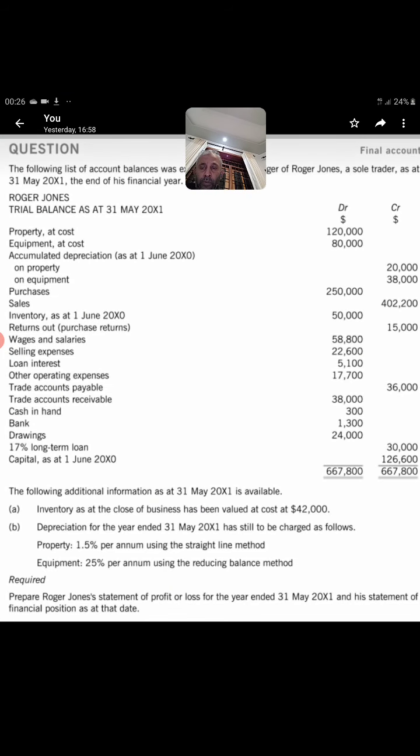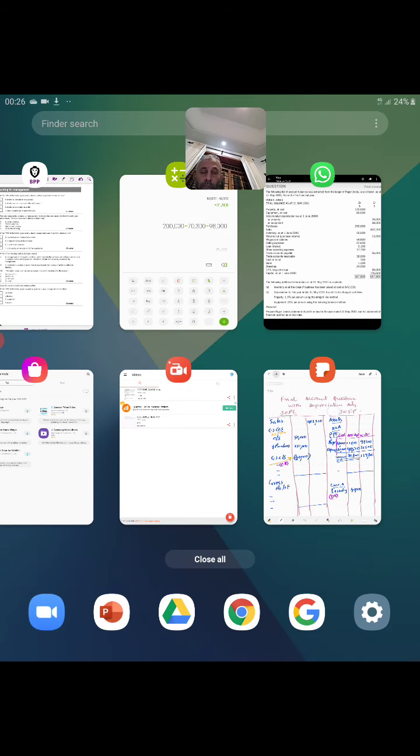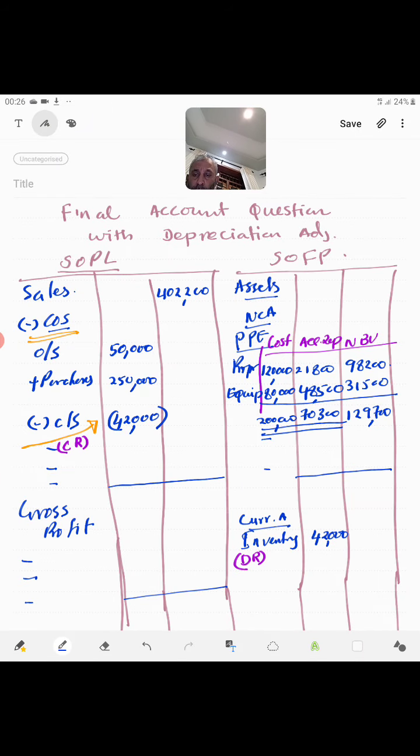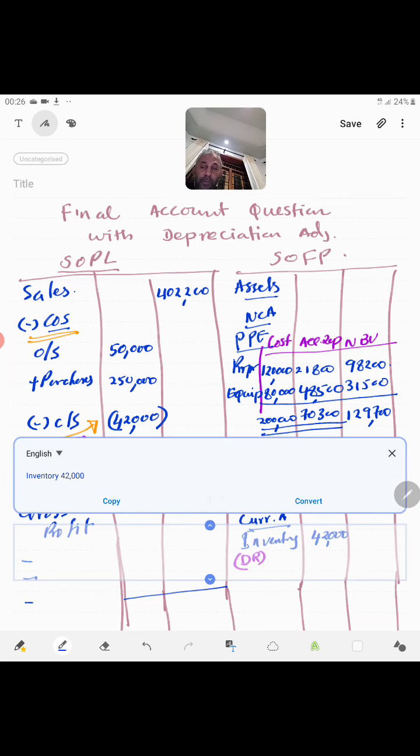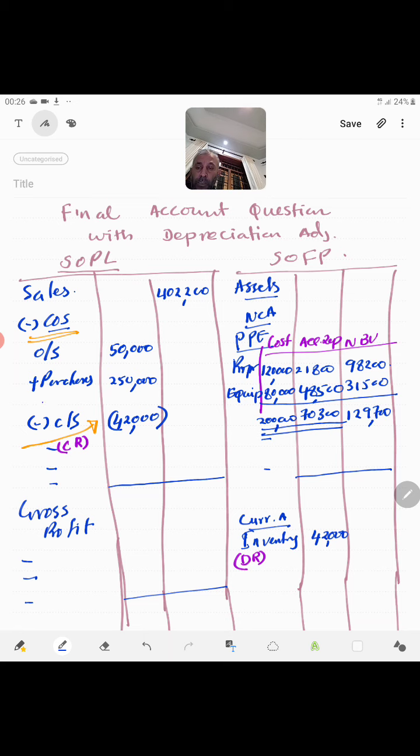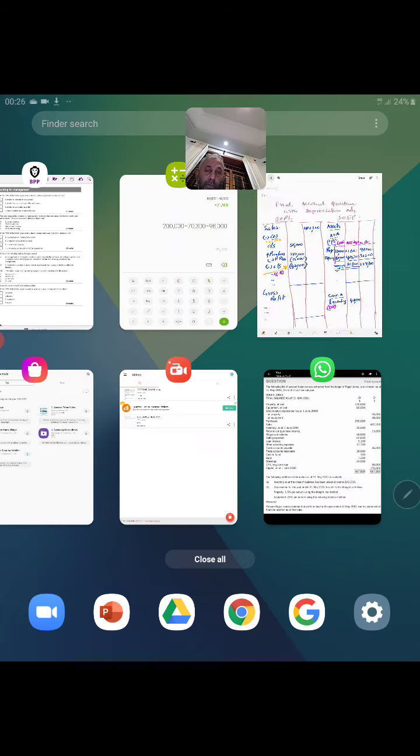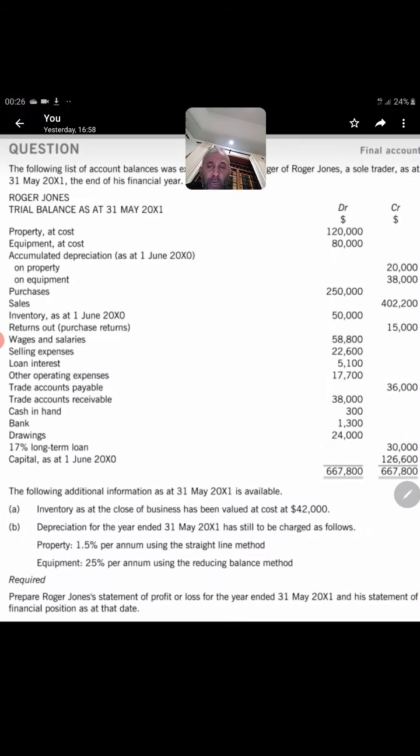After inventory, returns out, purchase returns 15,000. So you subtract that. Then what you have? Wages and salaries 58,800.